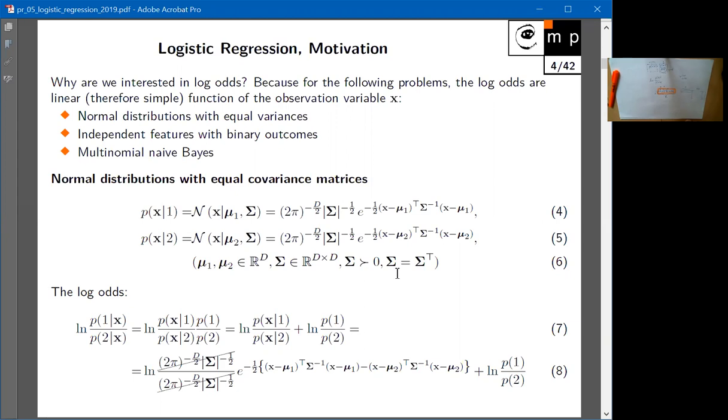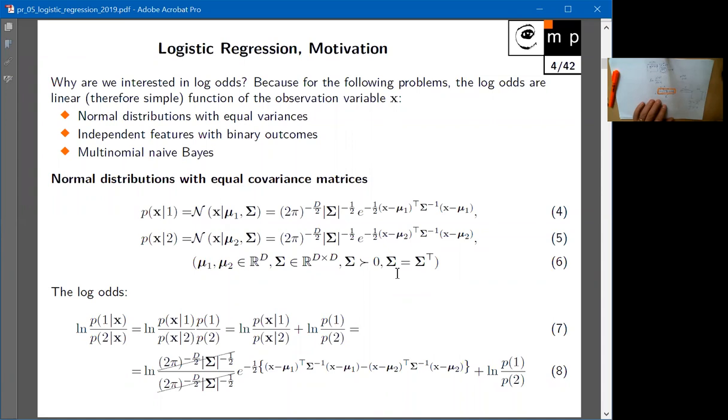Okay, so coming back to our problem, this matrix is not just any matrix because it's a covariance matrix. It's symmetric, which is written in the slides as the transpose being the same as the matrix itself, and it's positive definite, which has a mathematical notation like this.